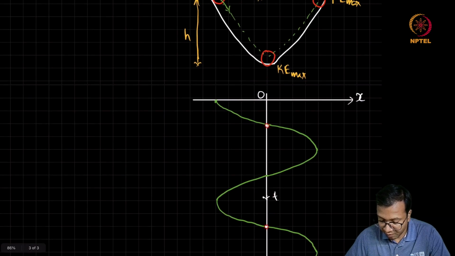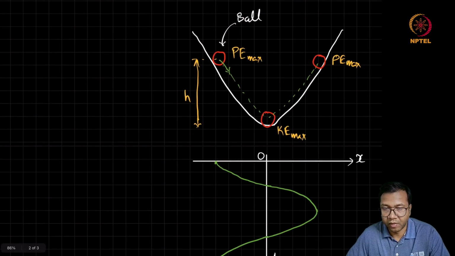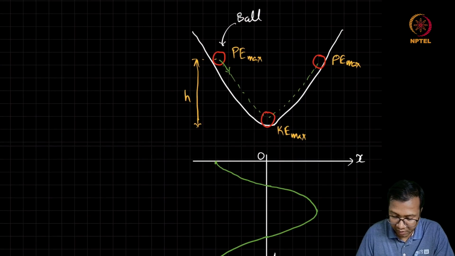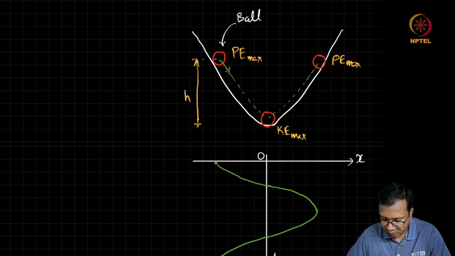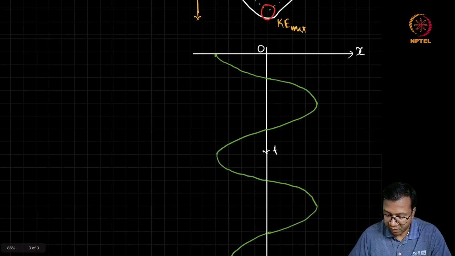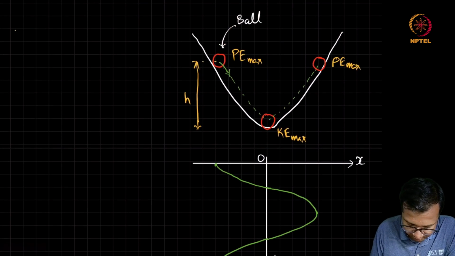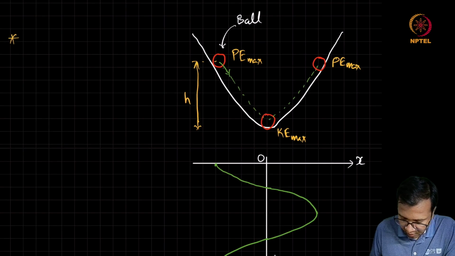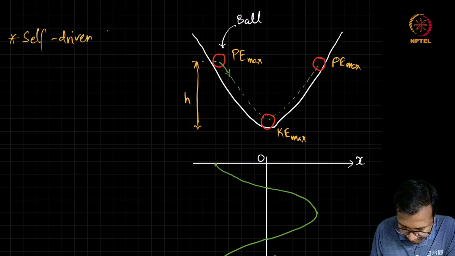So the rate at which this exchange of energy happens completely depends on physical properties which are present in the system. So for example, here, the mass of this ball, in addition to that, the gravitational acceleration g. So these two factors are going to decide at what rate this exchange of energy is going to take place. So we can see that this is an example of a self-driven system.